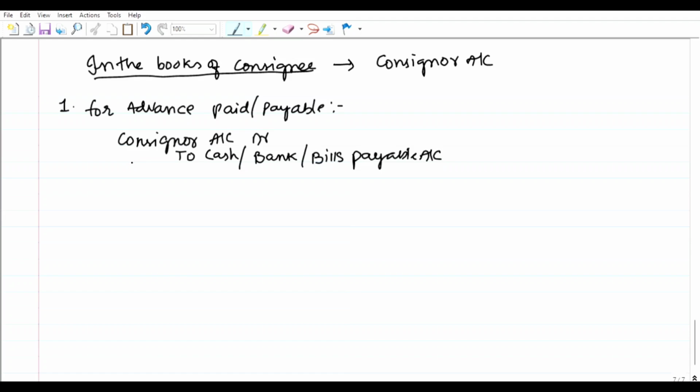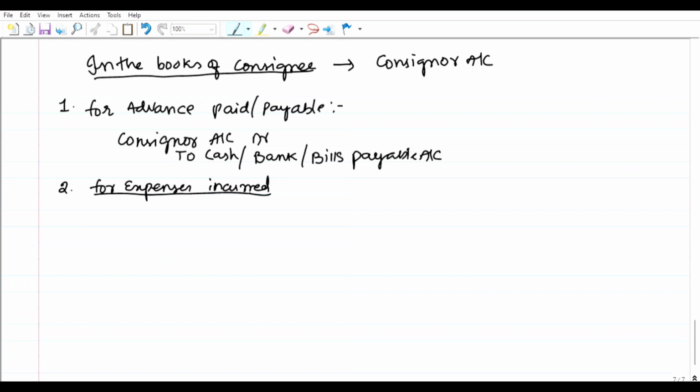The second entry is what? The consignee will be incurring expenditure, right? For expenses incurred, the consignor should give back the expenses incurred by the consignee, which are usually paid by the consignee on behalf of the consignor.